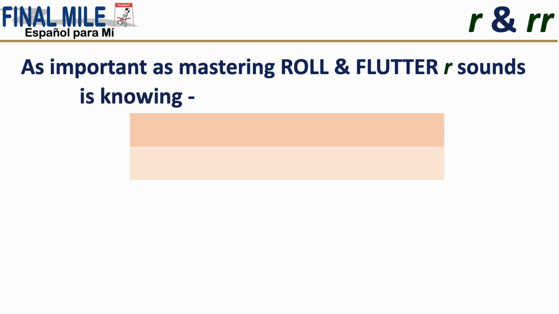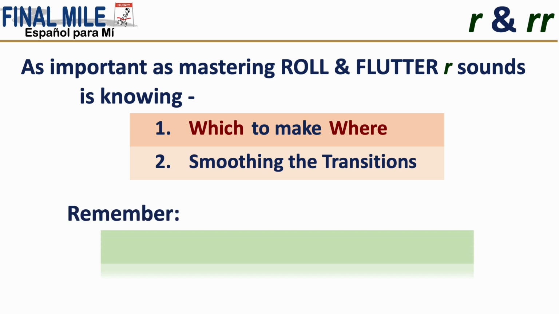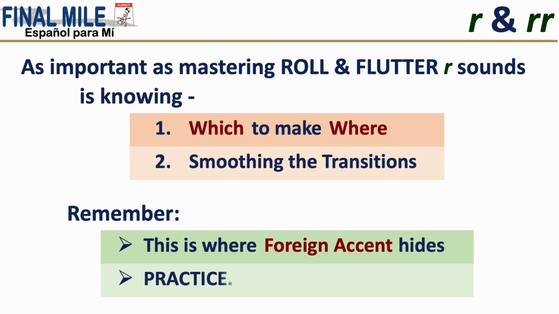It is as important as being able to make the sounds, is knowing which one to make where and smoothing the transitions. This requires practice, okay? This is like speech therapy. Big part of foreign accent hides in here.